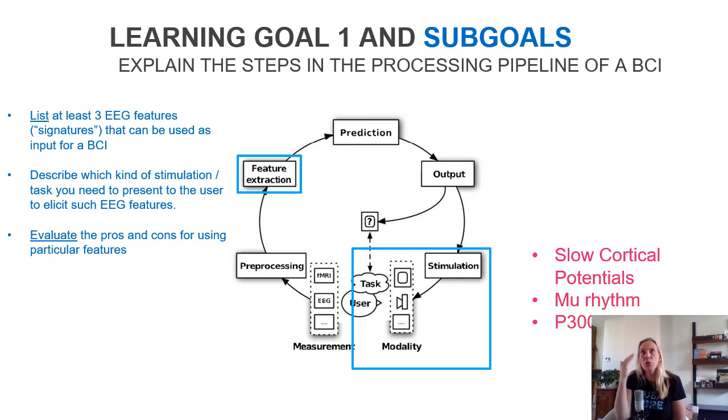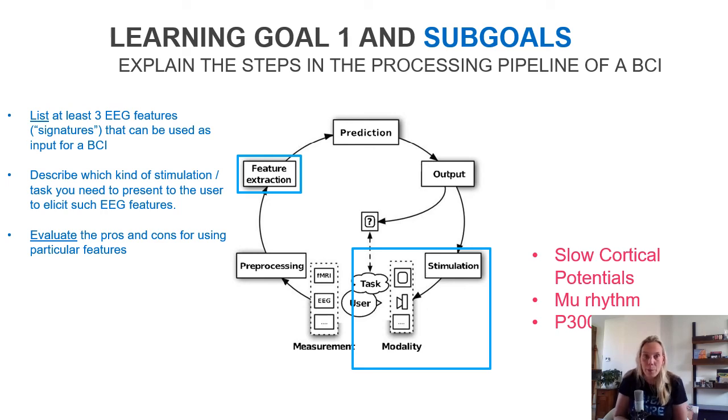This means that you're trying to make a slow cortical potential. Or for mu rhythm, if you try to change your mu rhythms in the EEG signal, you try to imagine certain types of movement. And when I want to evoke a P300 event-related potential, I have to present frequent stimuli to a user until one of the stimuli is different, and that evokes a P300 event-related potential.